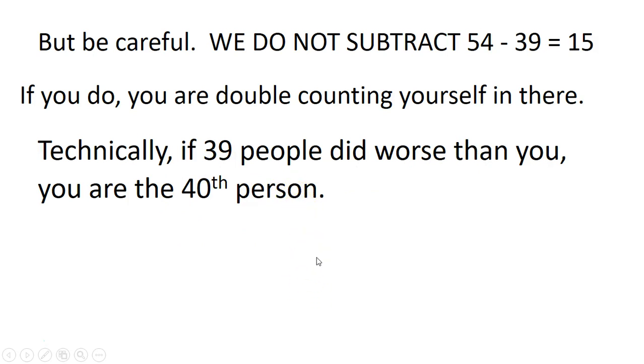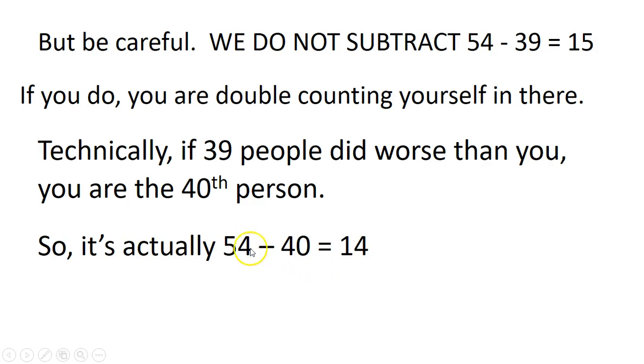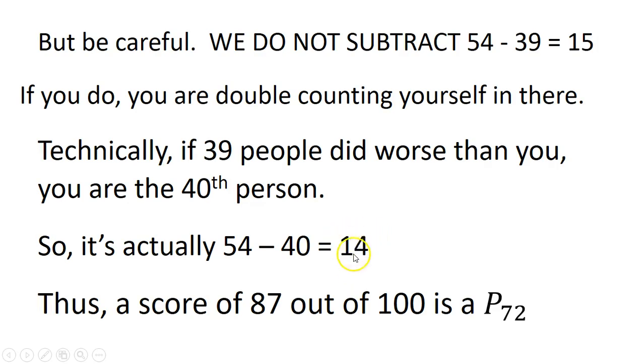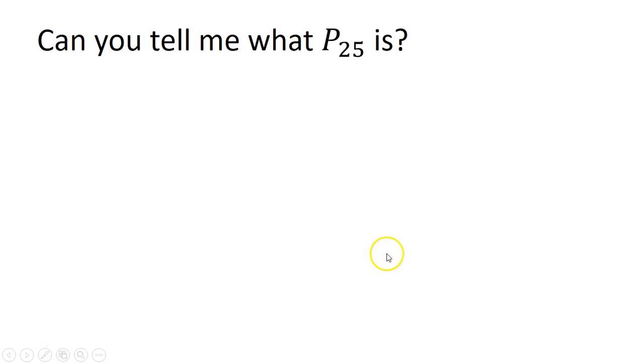You are 40th on that list. So it's actually 54 minus 40, so it is 14. So a score of 87 out of 100 is a percentile of 72%. About 14 people did better than you. Or 14 of them did, not percent.